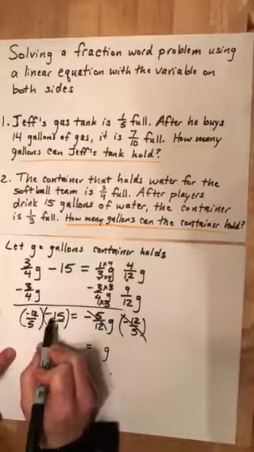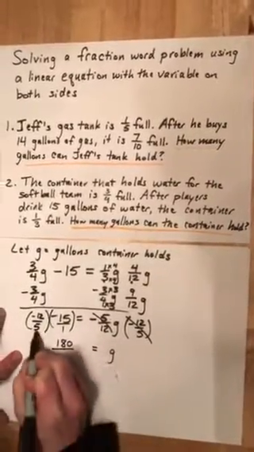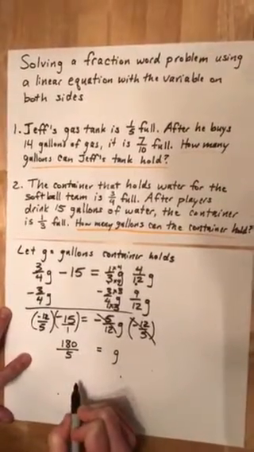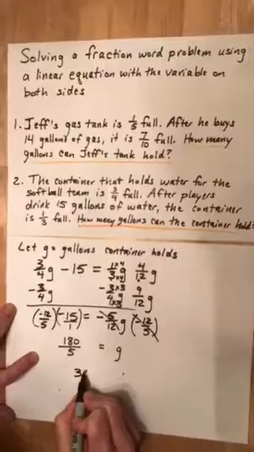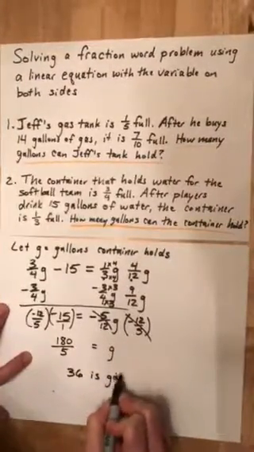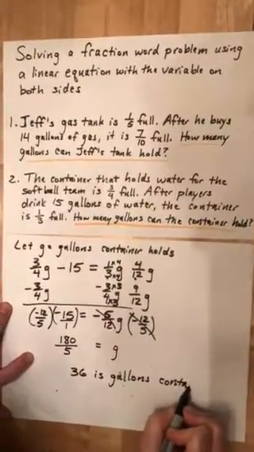And then negative 12 times negative 15 makes a positive 180. And 5 times 1 is 5. And so if we divide 180 by 5, that would give us 36 is the number of gallons that the container holds. And that's it.